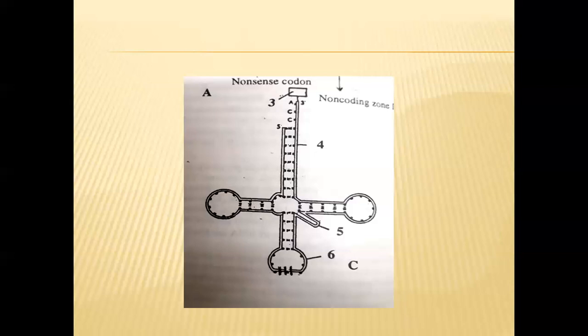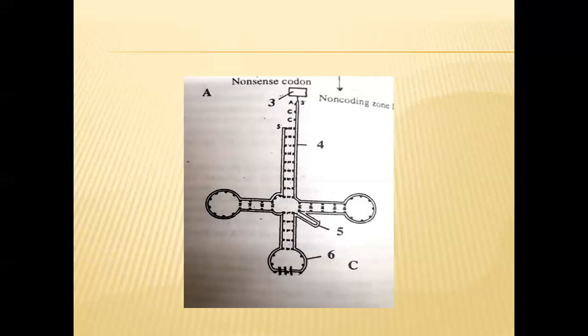And next the lateral loops: the right side is useful to recognize the ribosome, and the left loop is useful for identifying the enzyme which activates the amino acids. So this is the structure of the tRNA.